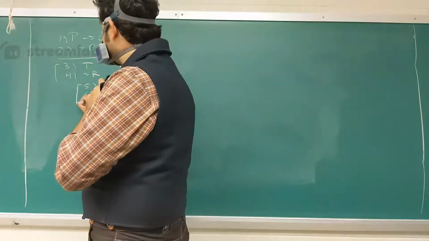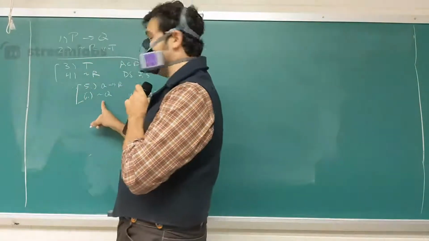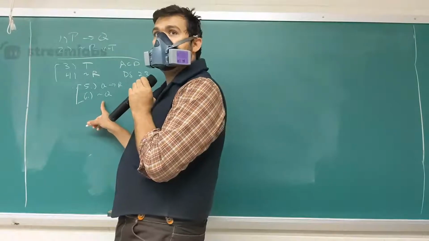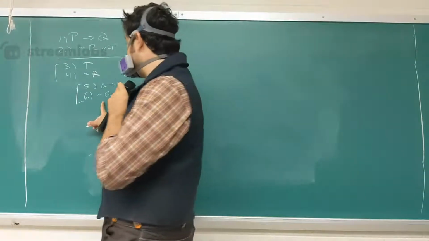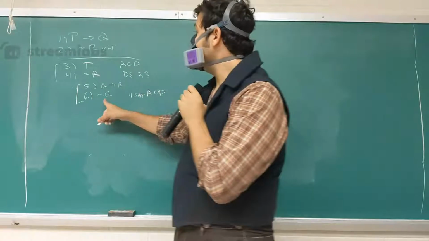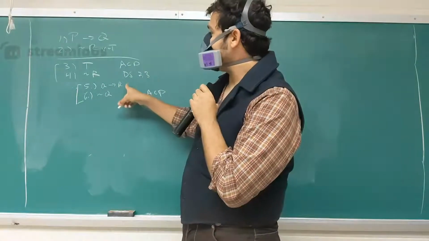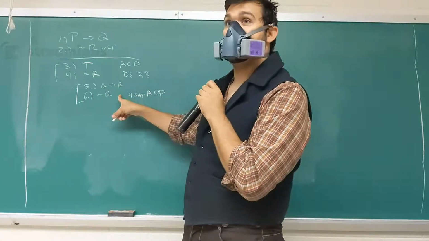Now let's say I want to close this. What did this just prove? Not Q. It proved not Q, but with this assumption, that's my starting point, that's my closing, right?